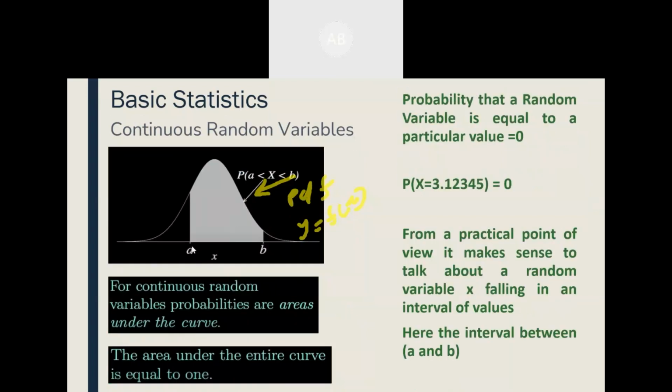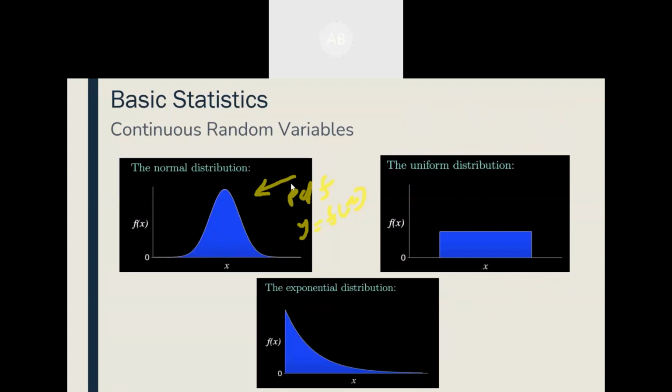So we cannot talk about the probability of finding a particular value in case of a continuous variable. Rather, we talk about an interval. Depending on the shape of these probability distribution functions, there are different distributions which are named.